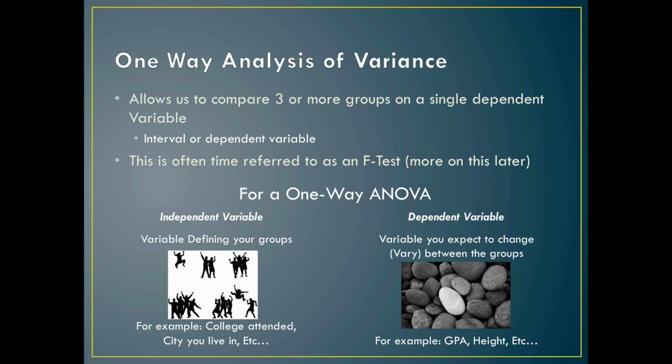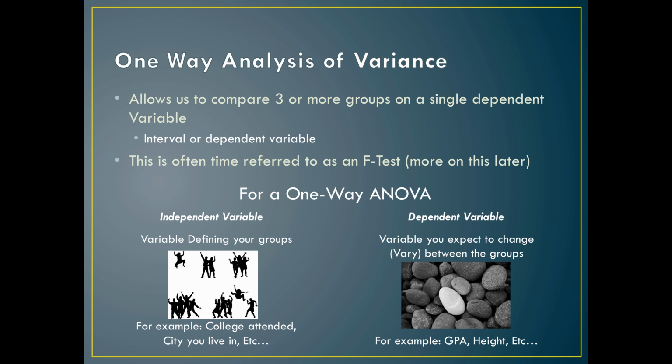It cannot be a categorical variable. So let's say you're comparing three cities, such as Anaheim, Fullerton, and Brea, and you want to find out which one differs greatly in height. Maybe people in Brea are taller than the people in Fullerton, and so on and so forth.